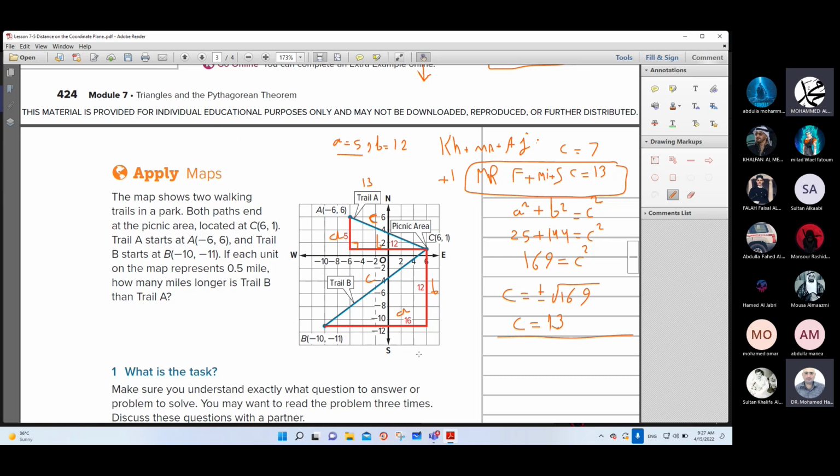Mister, the answer is 20. Mister, the answer is 20. So Muhammad Ammar. Mr., the answer is 20. Also me, the answer is 20. Thank you. Who has a different answer?